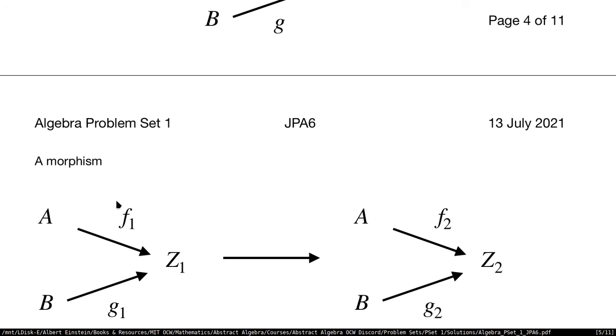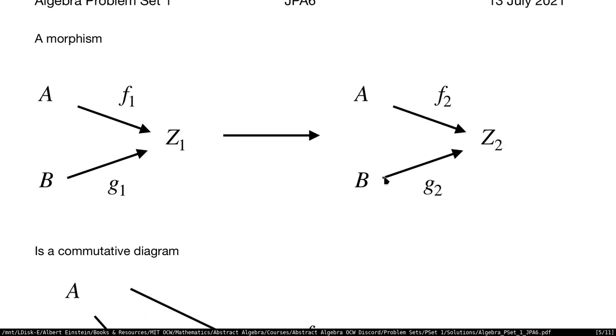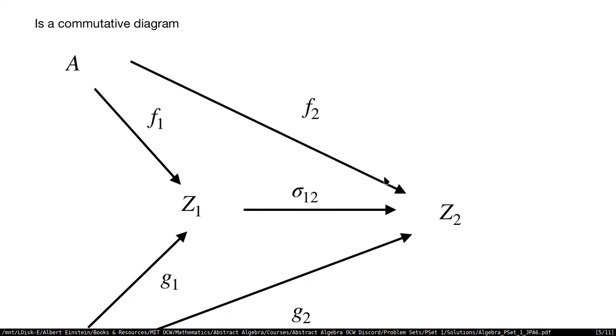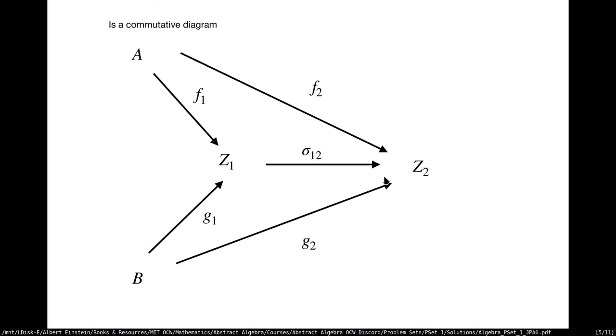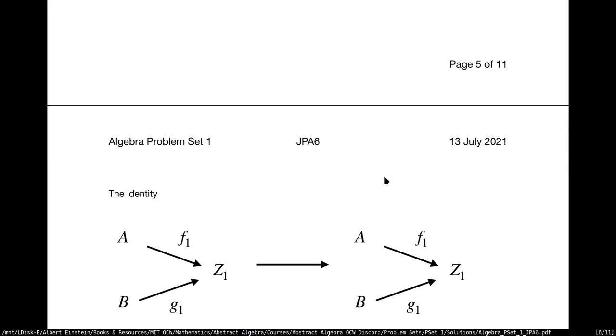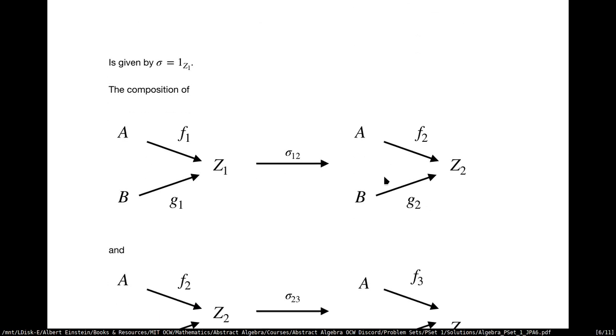So you have F1, G1, Z1, and a morphism taking it to F2, G2, and Z2, right? And this morphism gives you a commutative diagram, which is this. And then you try to make sure this morphism works with the identities.